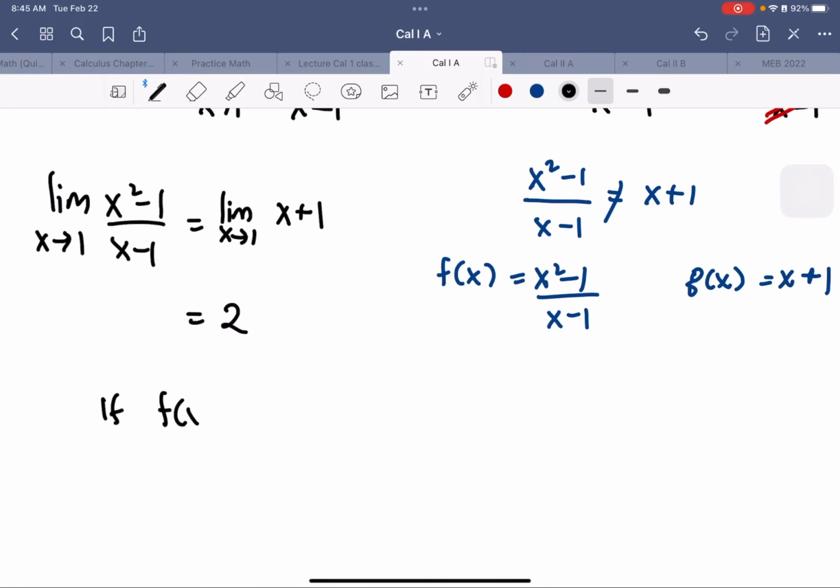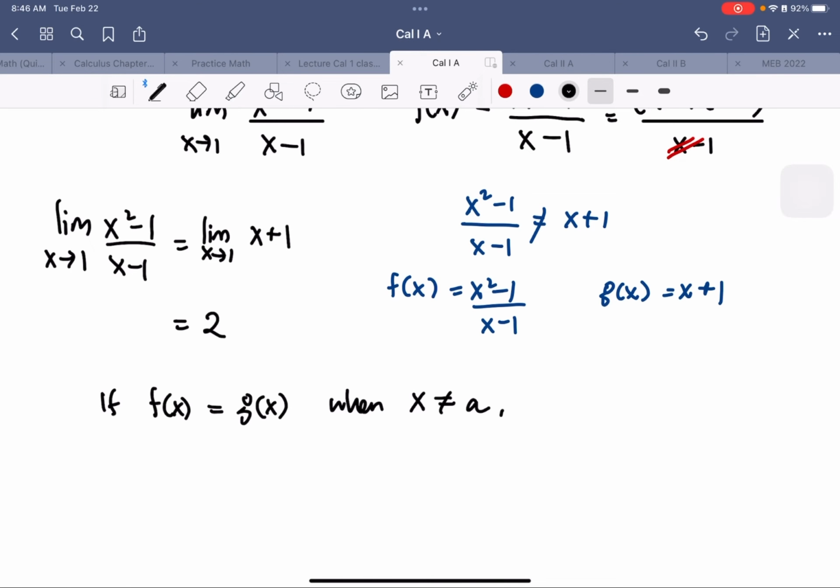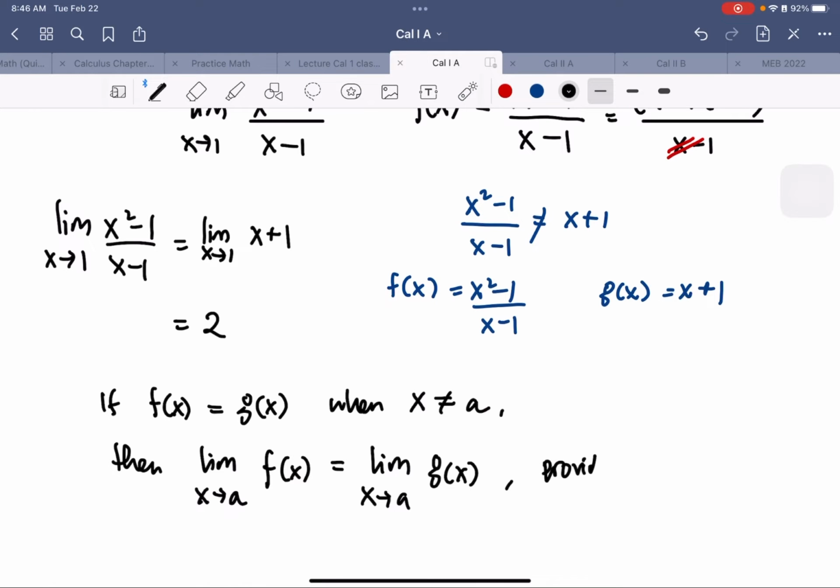If f of x equals g of x when x is not equal to a, then the limit as x approaches a is the same. This is what we have done in the example, and we need to provide that the limit exists.